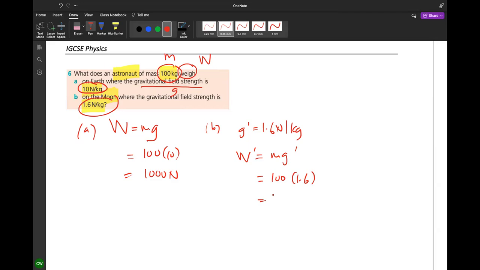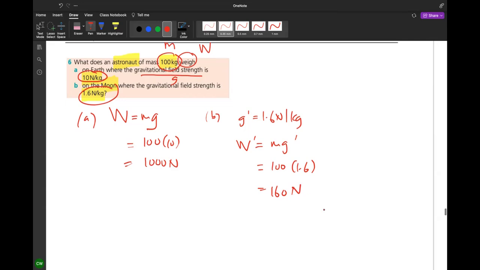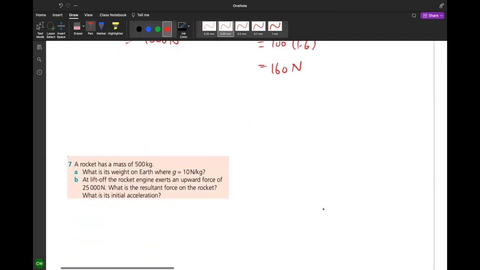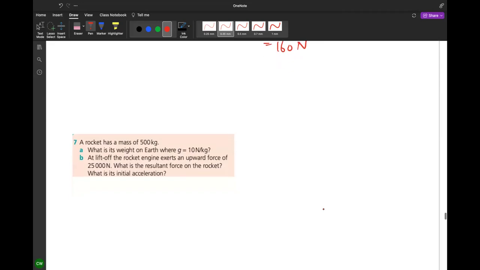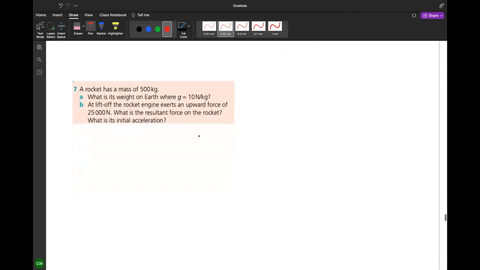Okay, let's continue. So this is 160 Newton. N stands for Newton. Okay, this is about a rocket. This rocket, the mass is 500 kg.